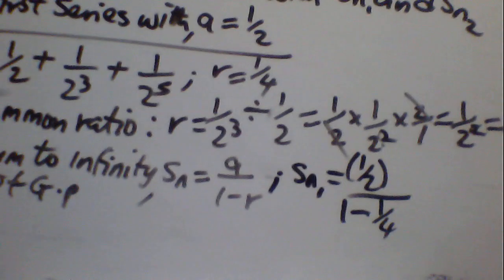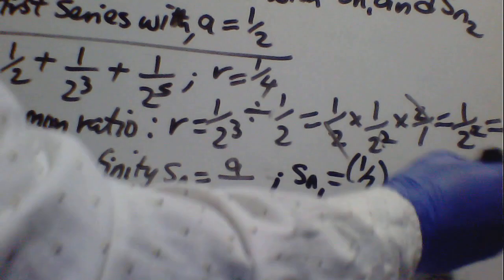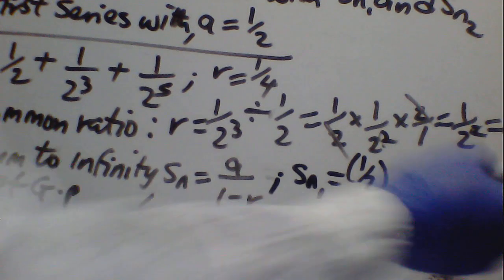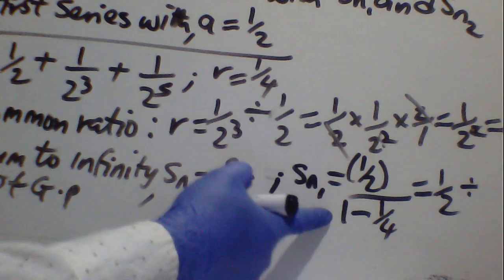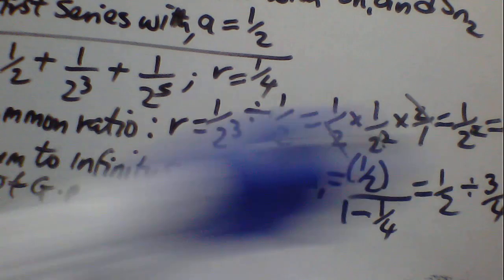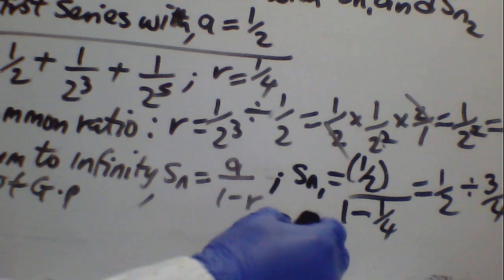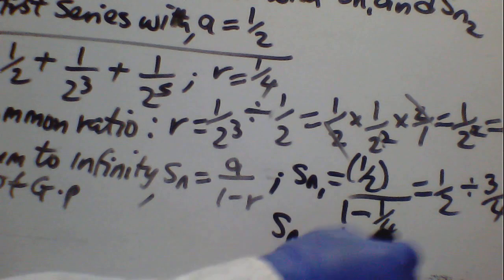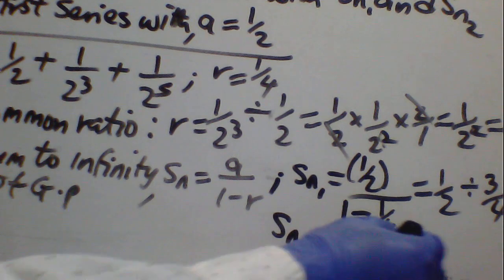So the next thing is to simplify this. From here it has 1 over 2 divided by 4 times 1 is 4, 4 minus 1 is 3, so 3 over 4. So Sn1 is equal to 1 over 2 times the reciprocal of 3 over 4.